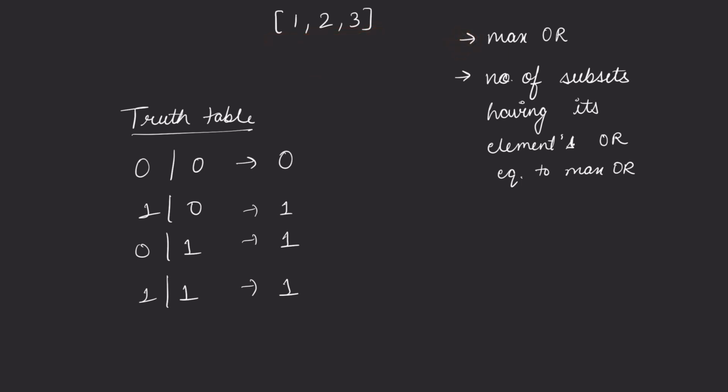So for finding the maximum OR, we'll just do the OR of all the array elements. Now this is sorted. Now what we need to know is how many subsets of this array have their elements' OR equal to this maximum OR, and whatever that count is, that is our answer.